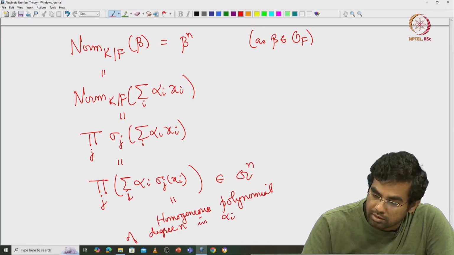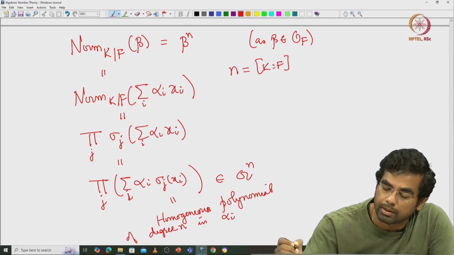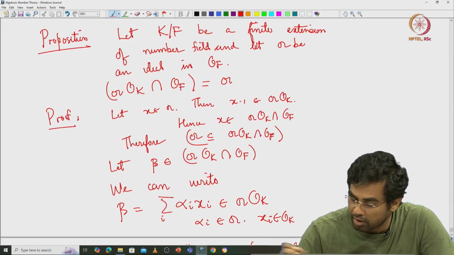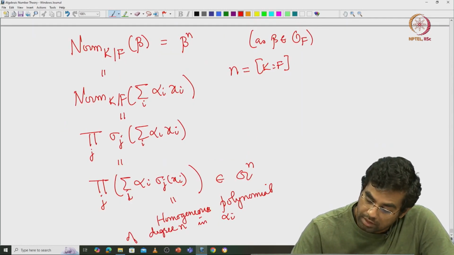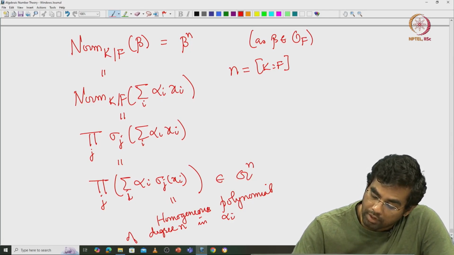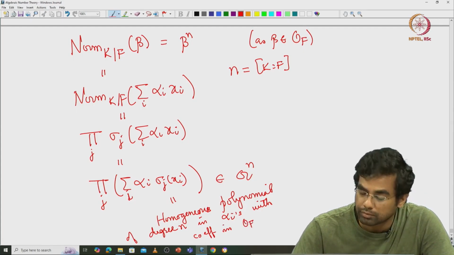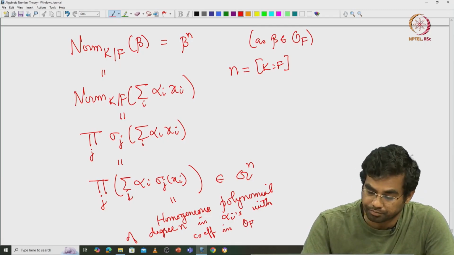What is n here? Sorry, I should have said here n is the degree of K over F. I have not said what i varies over. i just varies over some finite indexing set. So, this is a homogeneous polynomial of degree n in alpha i's with coefficients in OF, and therefore, this is in A to the n.